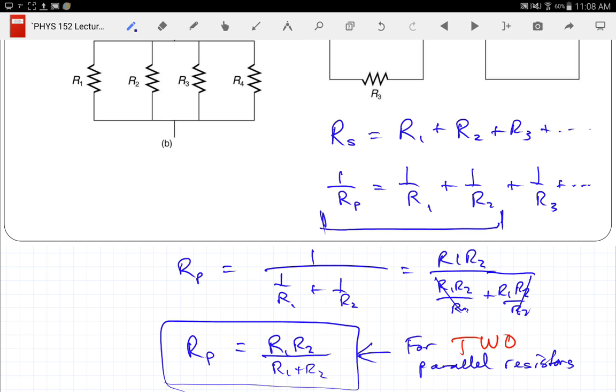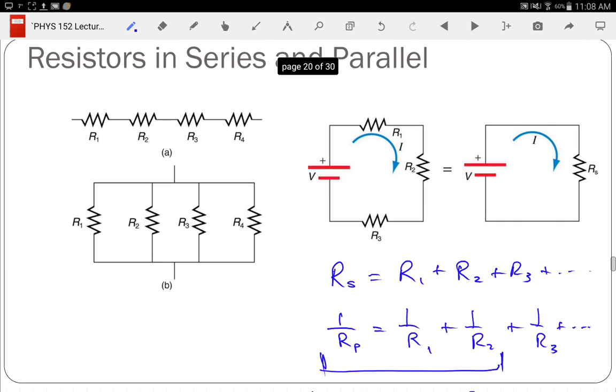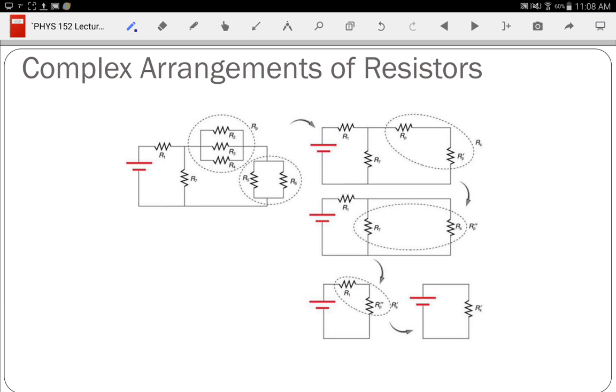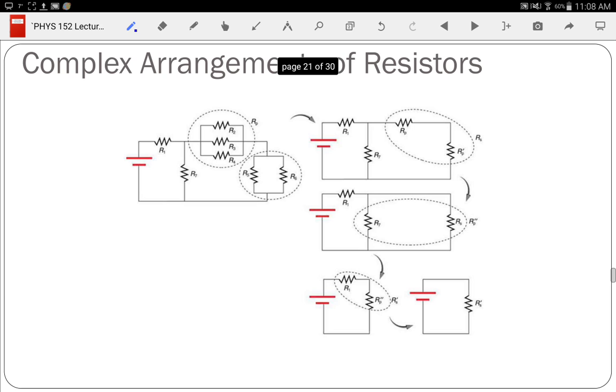Now, when you're adding them in series, of course, it's trivial. 2, 3, 4, 5. They just keep adding up. So those are equations for adding resistors in series and parallel. And you had experience with that in lab this week. So one of the fun jobs that we give students in a class like this is to take some complex arrangement of resistors and say, okay, what's the equivalent resistance?